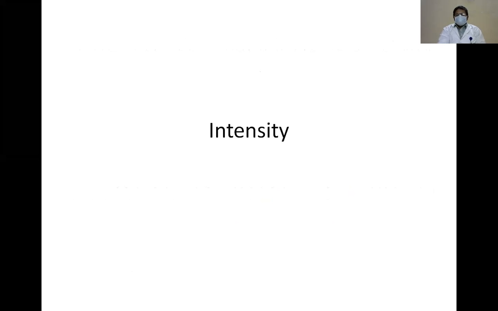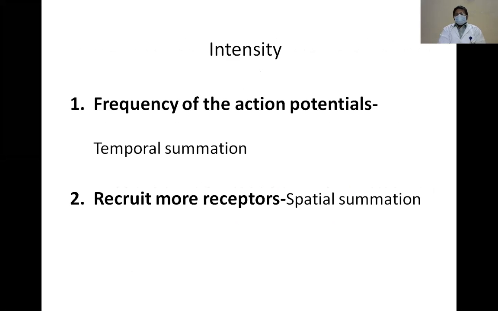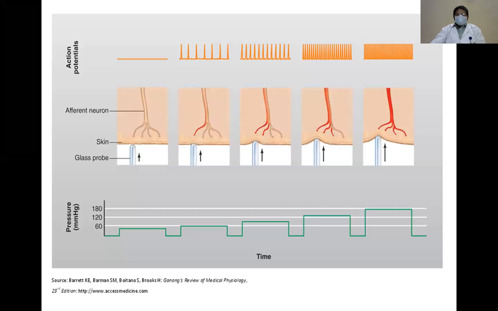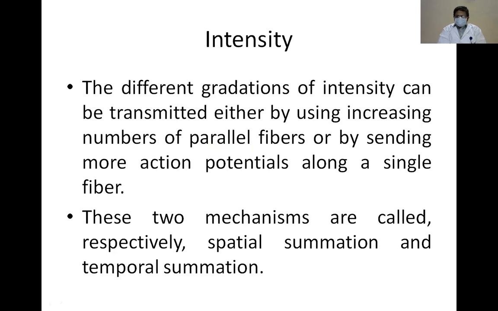Intensity: if the frequency of action potentials increases because of temporal summation, there will be more production of action potentials, or if more fibers are recruited, that is spatial summation. If there is an increase in the mechanical stimulus, it will produce more action potentials, through both temporal summation and spatial summation.